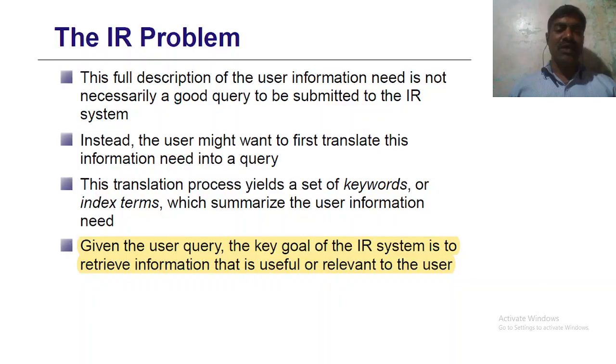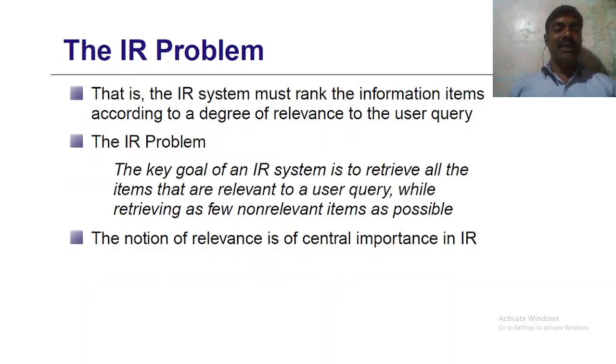This translation process yields a set of keywords or index terms which summarize the user information need. The key goal of the IR system is to retrieve information that is useful. That is, the IR system must rank the information items according to a degree of relevance to the user query.